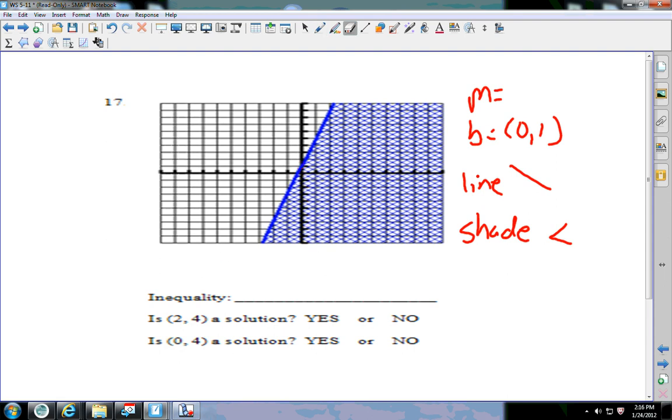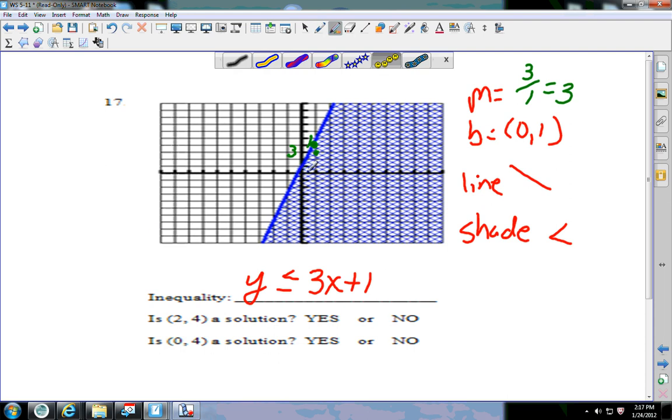Now, the only thing that messes me up is the slope. The line is kind of steep, so I'm going to be going up quite a bit. I'm going to go up 1, 2, and over 1. Nope. Up 1, 2, 3, and over 1. Up 3 over 1, which is 3. My inequality: y less than or equal to 3x plus 1.